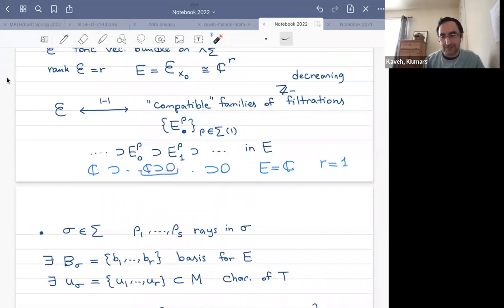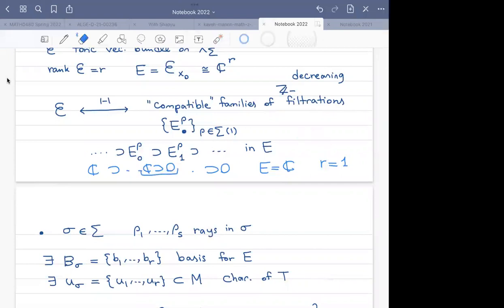Where is the jump from C to 0? That's the number A row. So this filtration is just a set of R numbers, some of which are infinity or minus infinity.